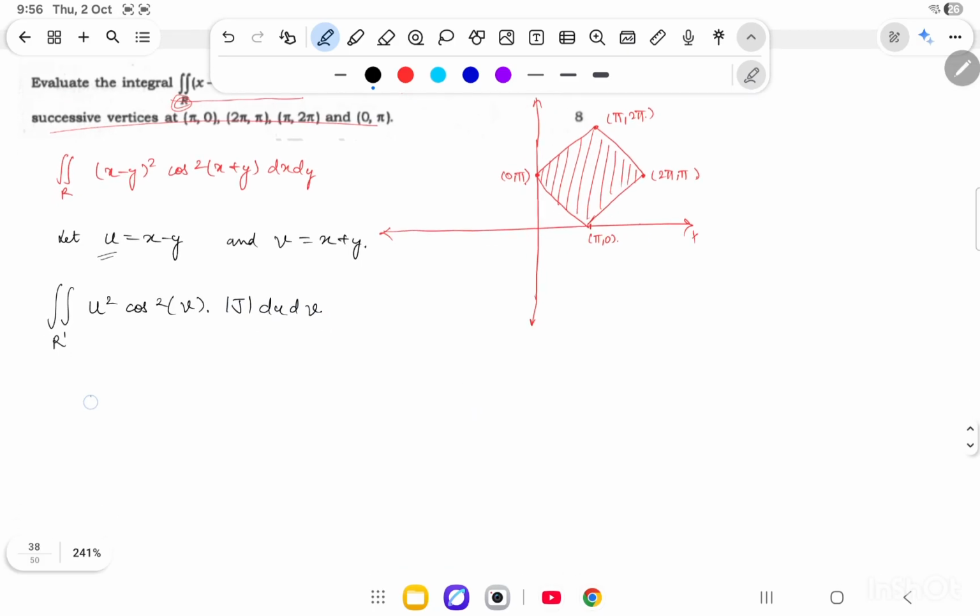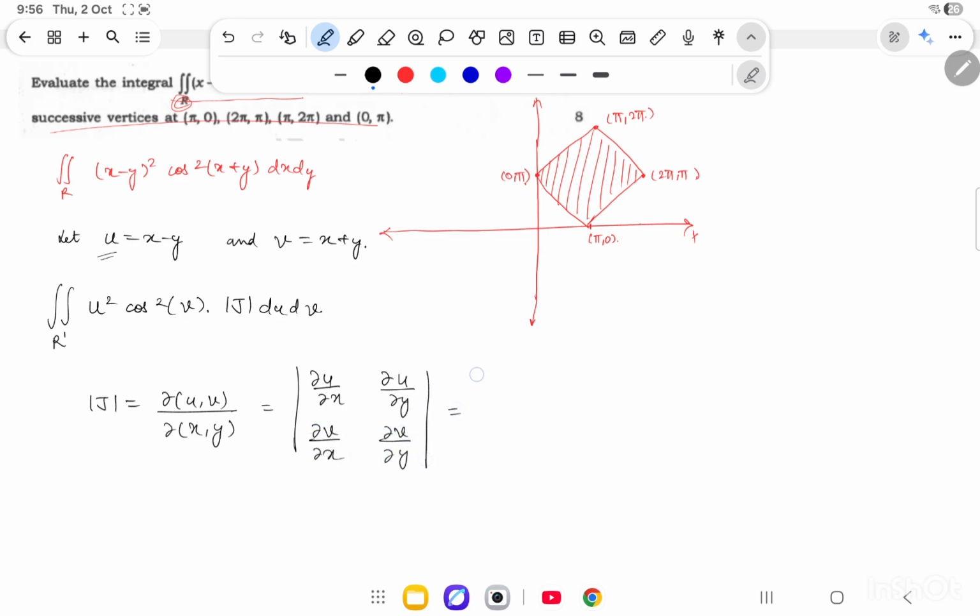Now let's just find out the Jacobian. That will be del (u, v) with respect to del (x, y). So it is del u by del x, del u by del y, del v by del x, and del v by del y. So that simplifies to: del u over del x will be 1, del u over del y will be minus 1, and del v over del x is also 1, del v over del y is also 1, and this Jacobian is 1 minus of minus 1, that is 2.